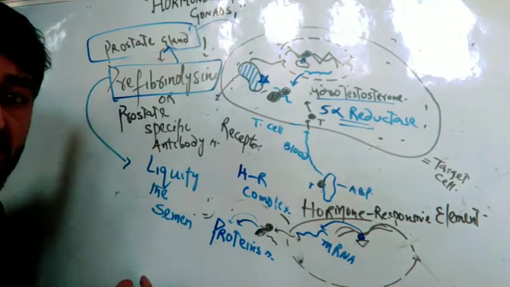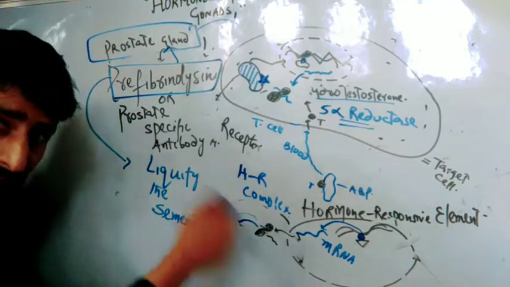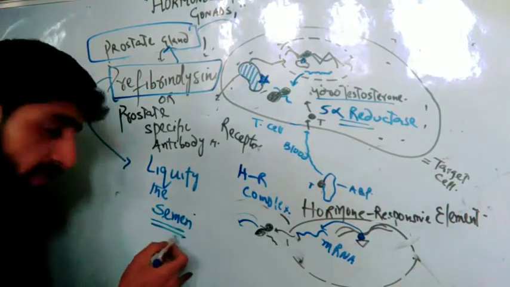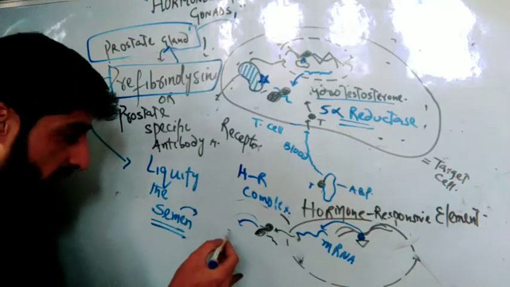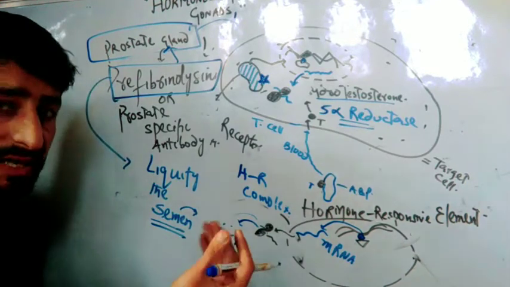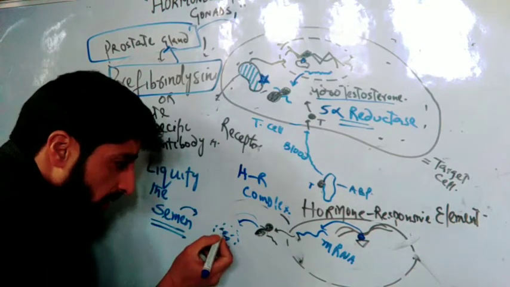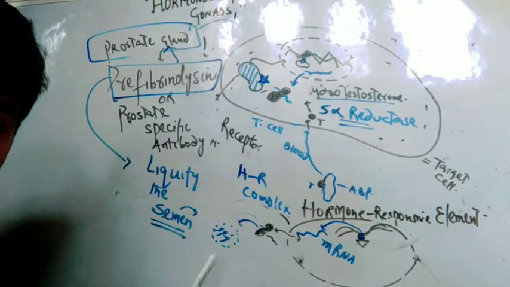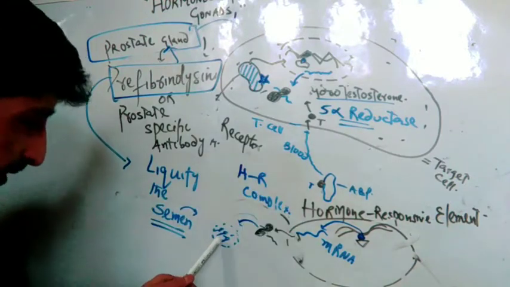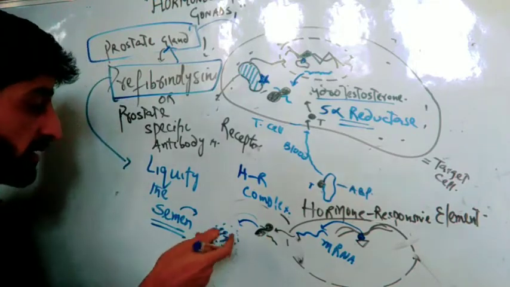Males ejaculate semen. After sexual discharge, the end product is semen. Semen is a gel-like mixture. This gel-like mixture contains sperm cells. Sperms should show movement, but they cannot move in a gel-like consistency.